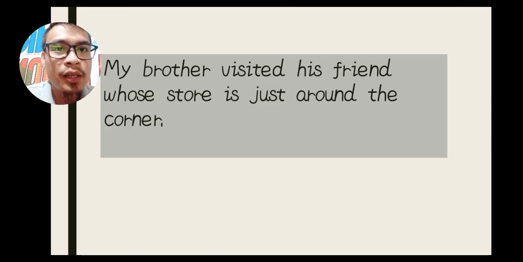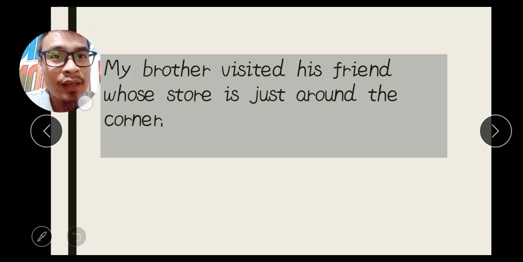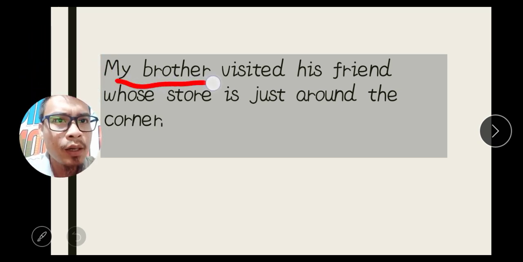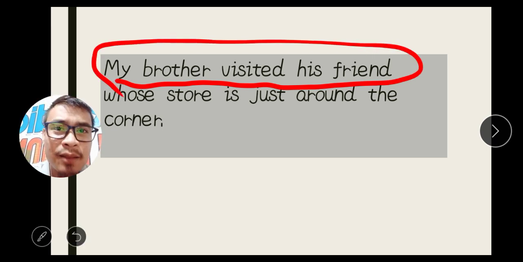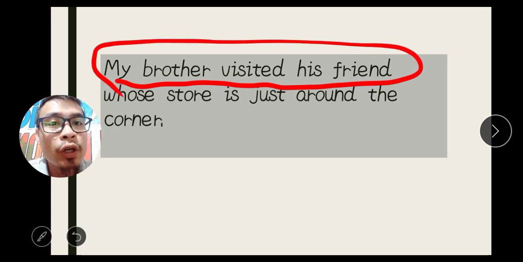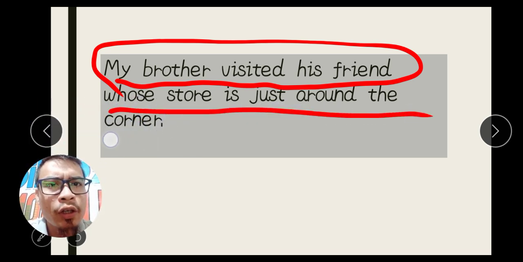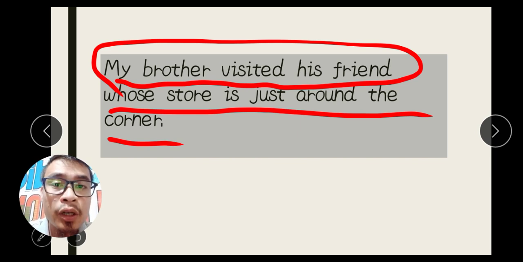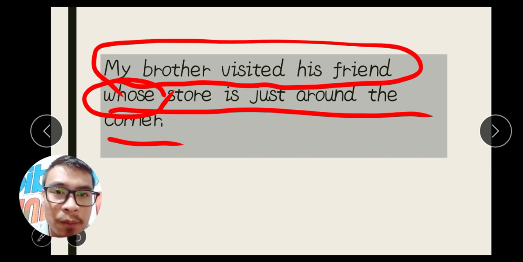Last example is my brother visited his friend whose store is just around the corner. So in here it's very clear, guys, that my brother visited his friend is our independent, and whose store is just around the corner is our dependent or subordinate clause. So again, because there is that relative pronoun.